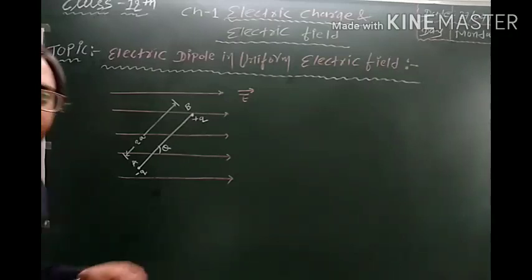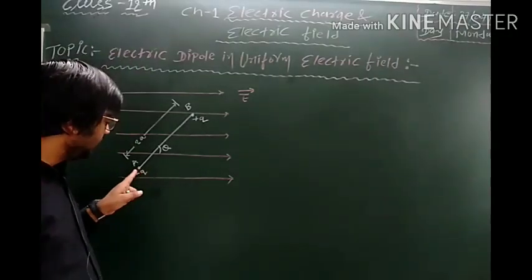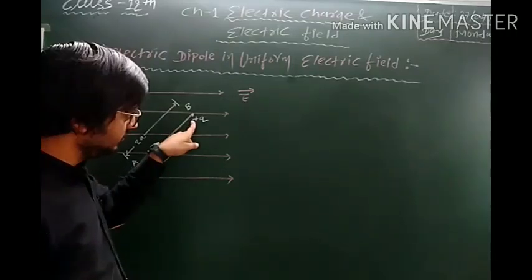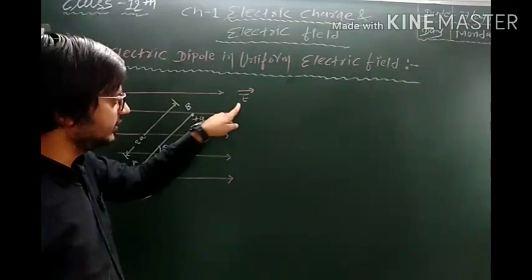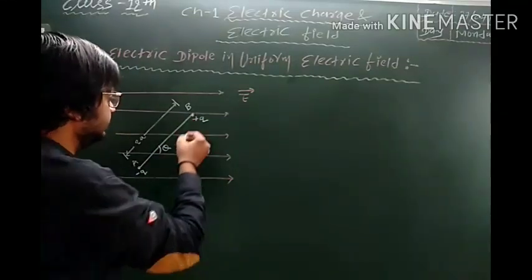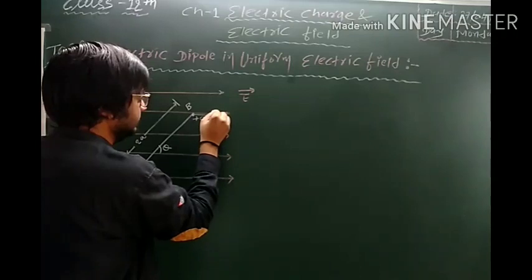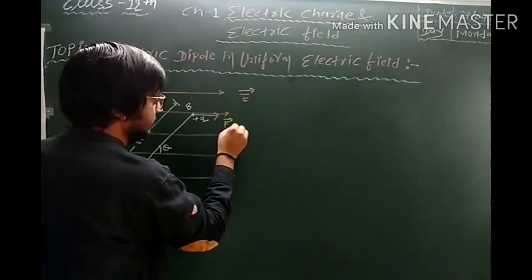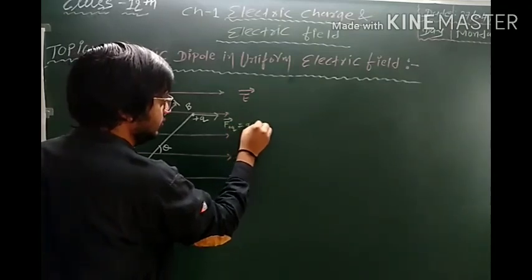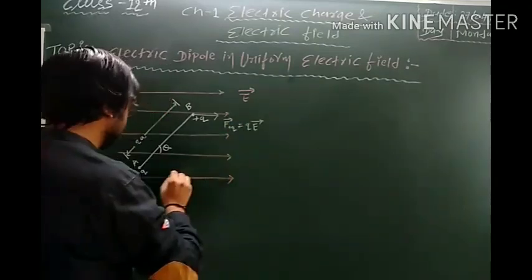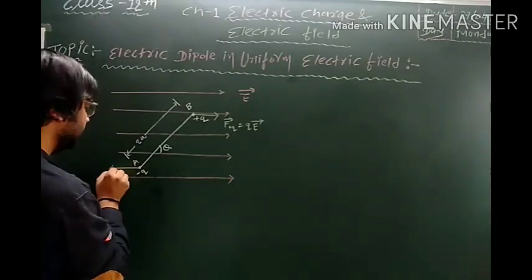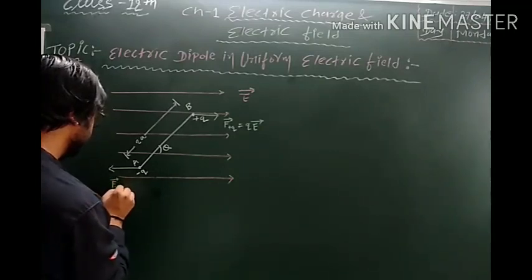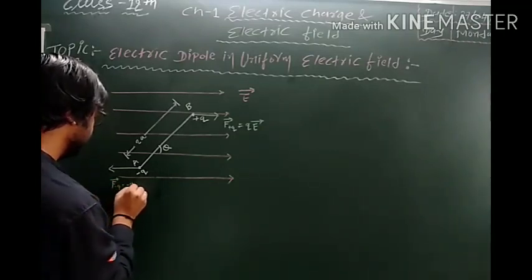Because of the electric field, a force acts on the minus Q charge and on the plus Q charge. We can define F plus Q is equal to QE, and the force opposite to F plus Q is minus QE.